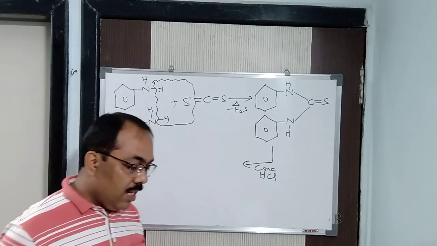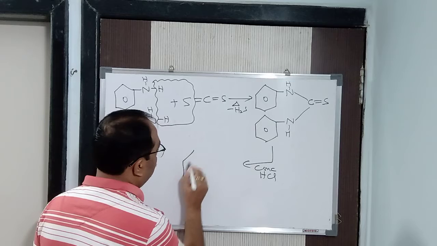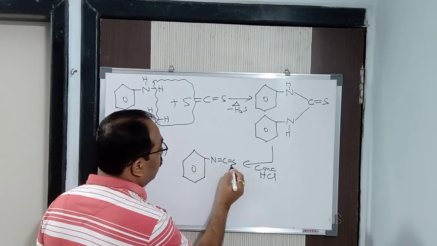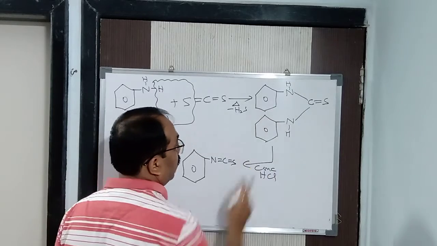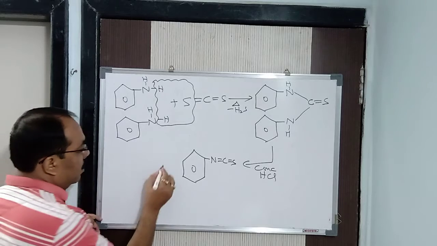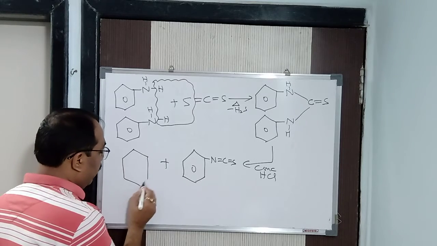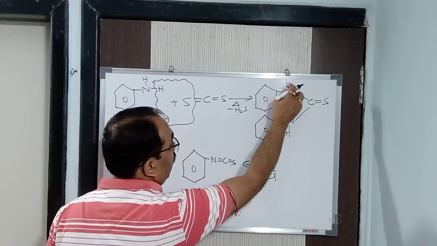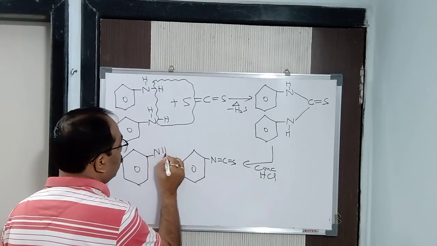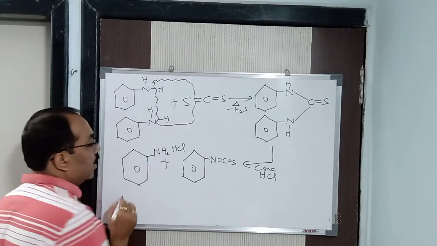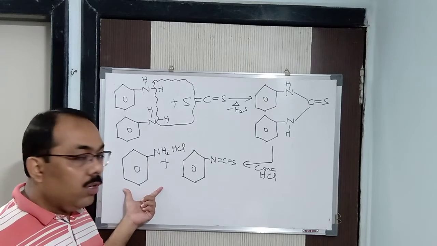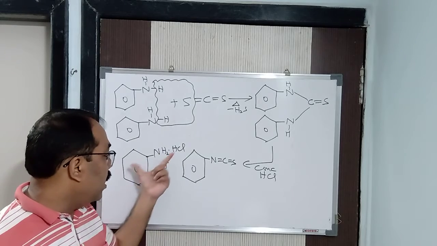That is N double bond C double bond S, with a benzene ring, and the remaining part is aniline with HCl, so it will be NH2·HCl. So aniline hydrochloride.